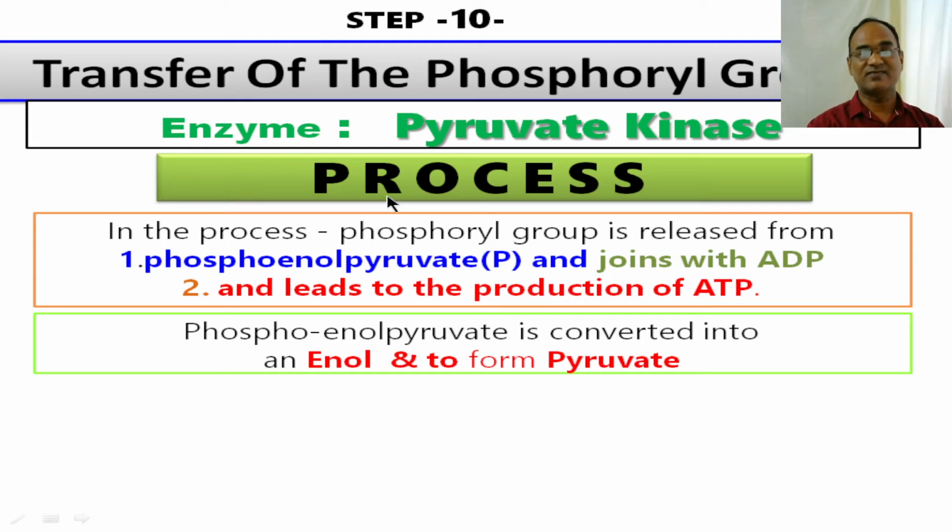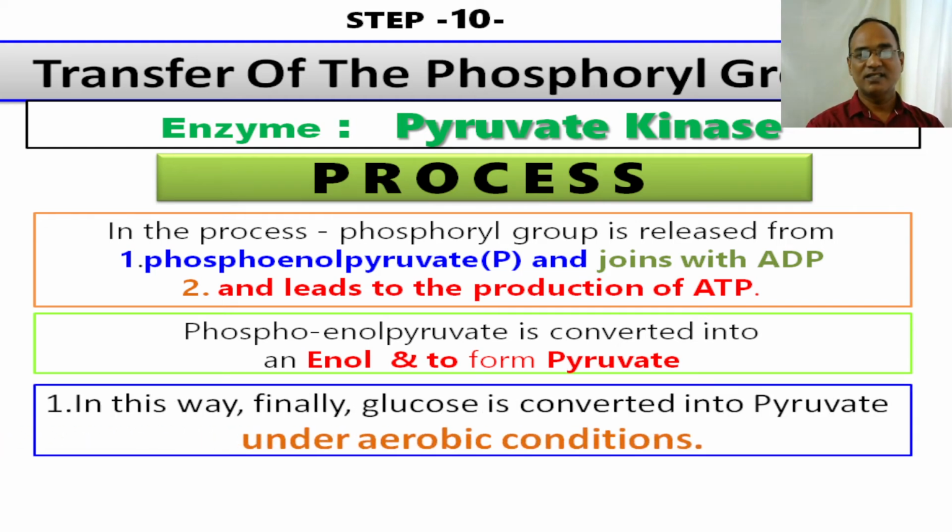This pyruvate is very essential to switch over from the glycolytic process into the Krebs cycle. Without pyruvate, the 3-carbon molecule, it is not possible to proceed further with the energy sources.